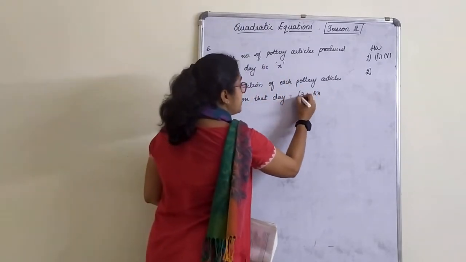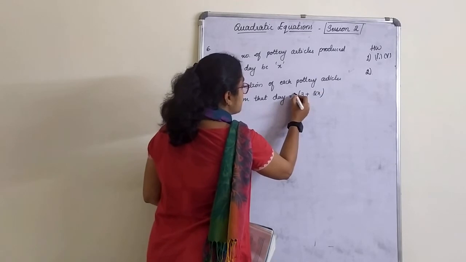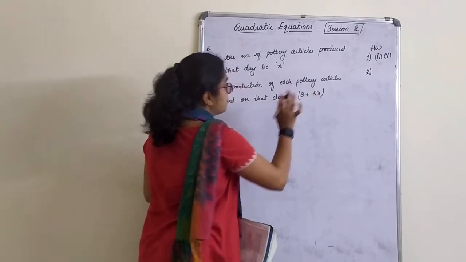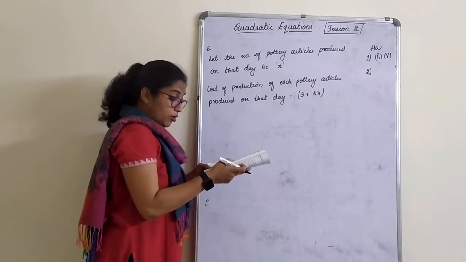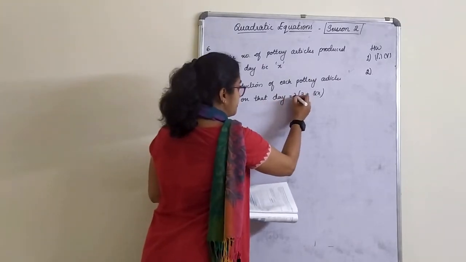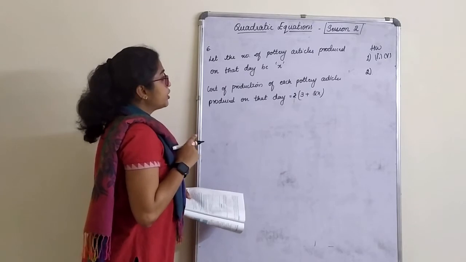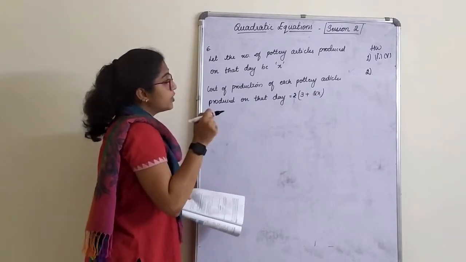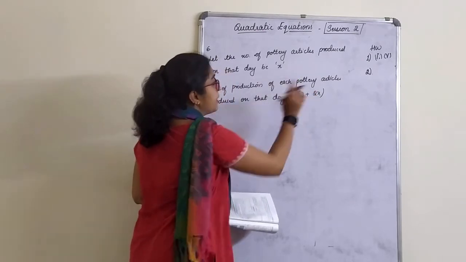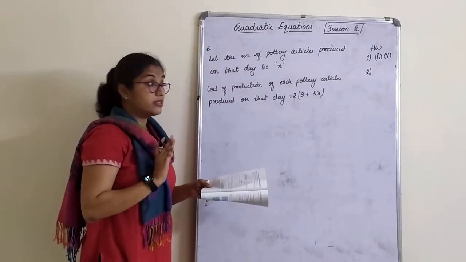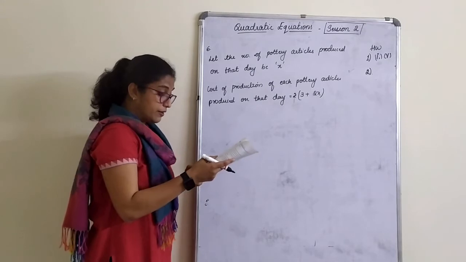This is the cost; in terms of x, it is 3 plus 2x, that is nothing but 3 more than twice. So the cost of production of each pottery article produced on that day is rupees 3 more than twice the number of articles produced on that day. Okay, this is the statement we understood till here.